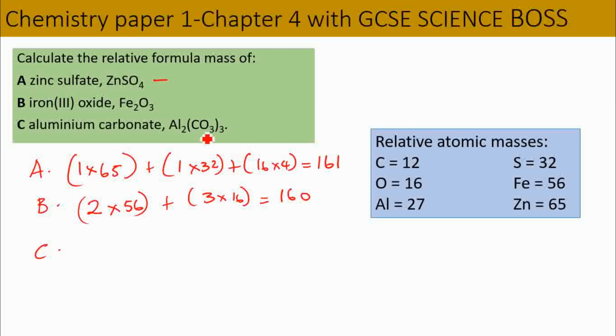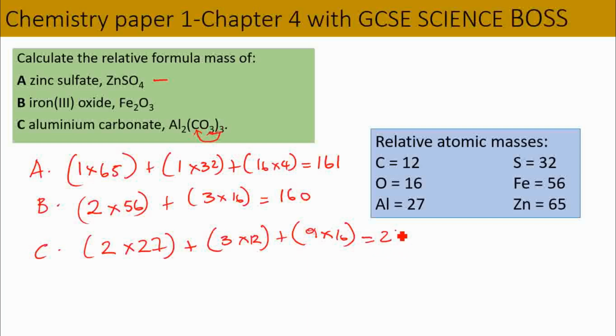And then this one now, which has a bracket, we have 2 aluminium, so that's 2 times 27, plus this bracket means that I have 3 carbon, so that's 3 times 12, plus now 9 oxygen. 3 times 3 is 9, so that's 9 times 16, and if you've done all of that correctly, that should give you 234.